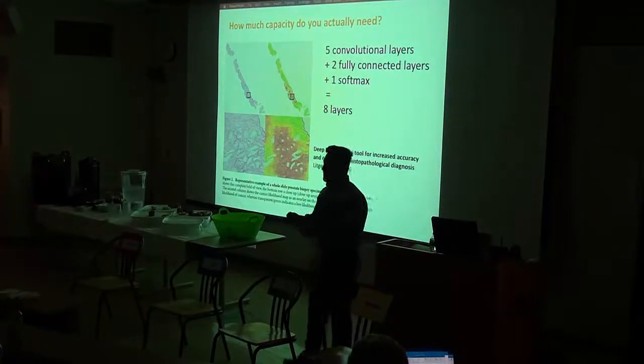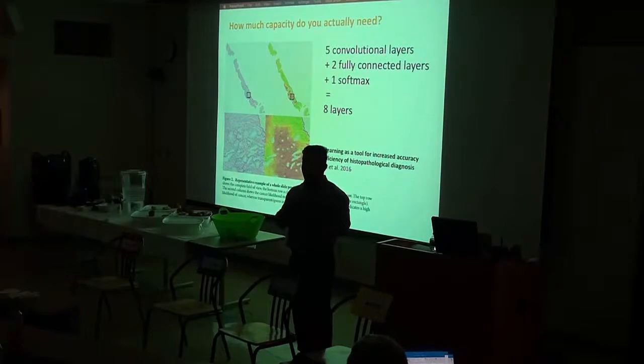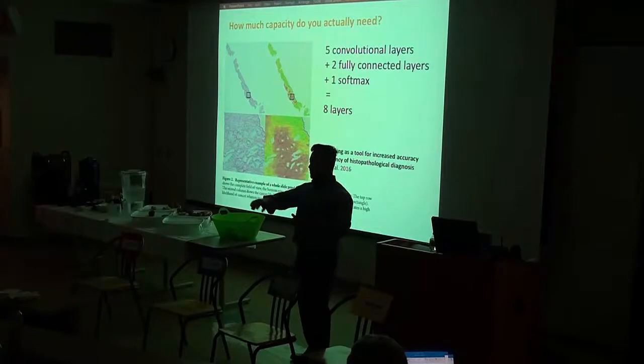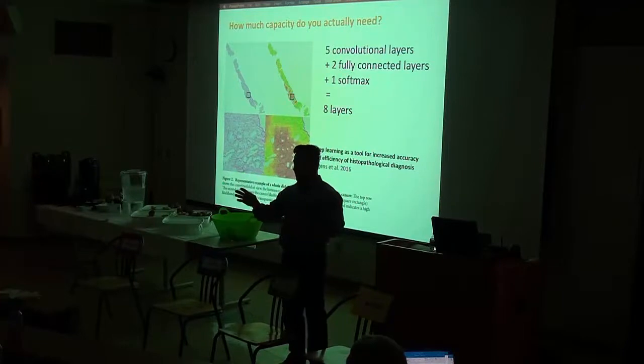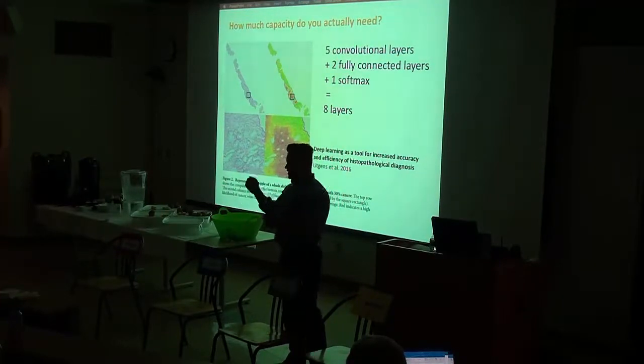The answer to that, or this is my conclusion, is that the network I was using is taken from the computer vision domain. When you take pictures of animals or scenes or landscapes, there is a lot of high frequency detail. You have a lot of information going on in these images. Whereas when you look at histology, images are more uniform.